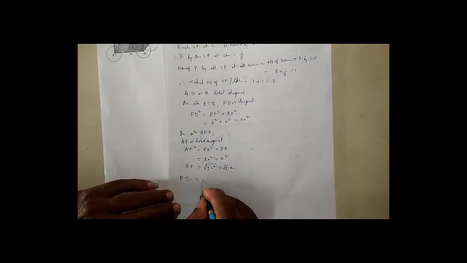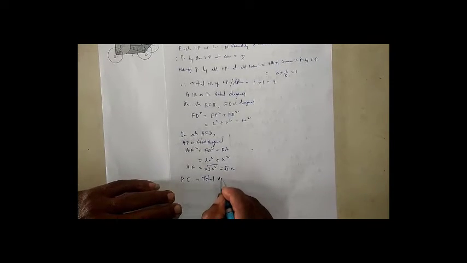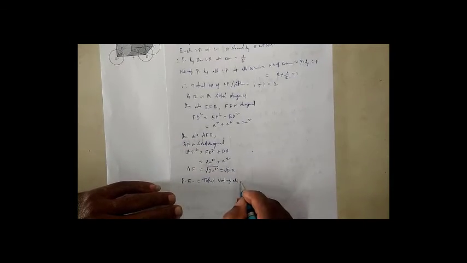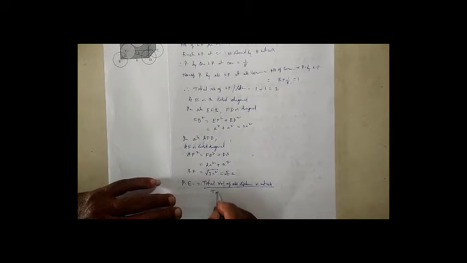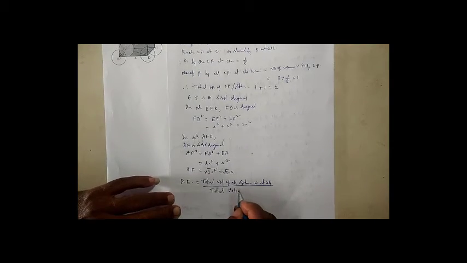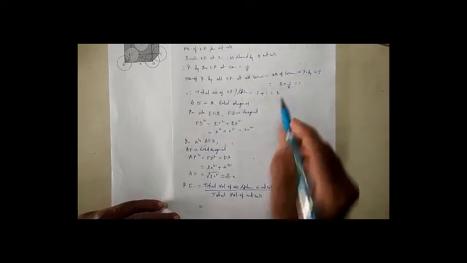Now packing efficiency is equal to total volume of all the spheres in the unit cell by total volume of the unit cell into 100. Now, how many spheres are there? 2 spheres.